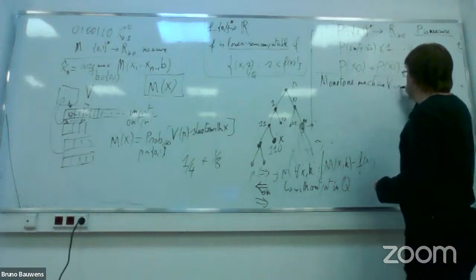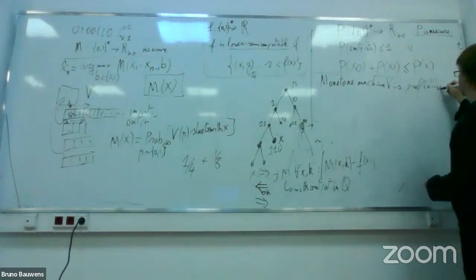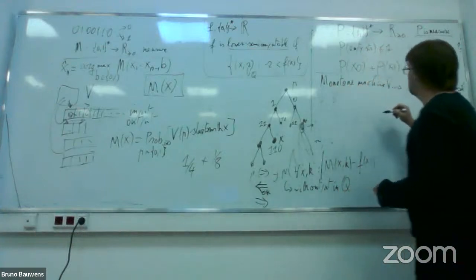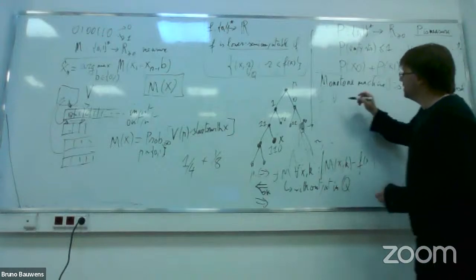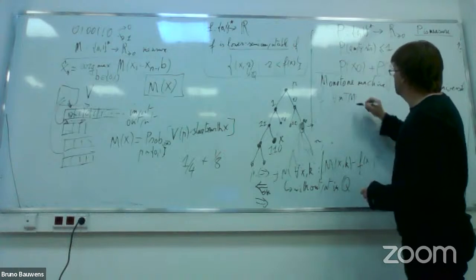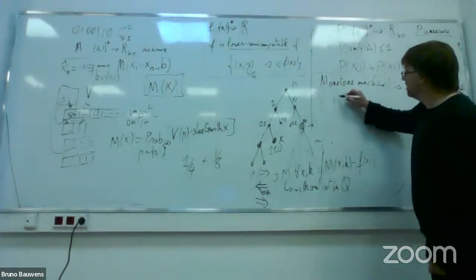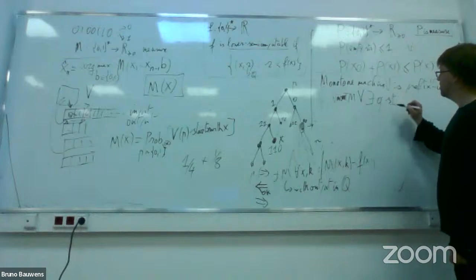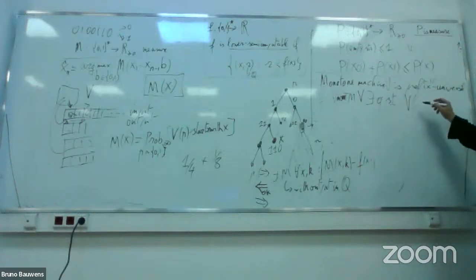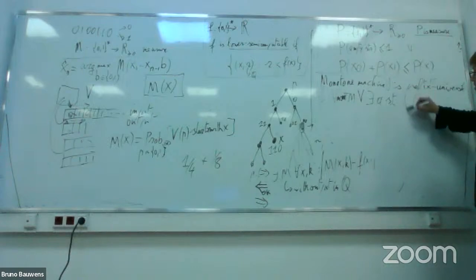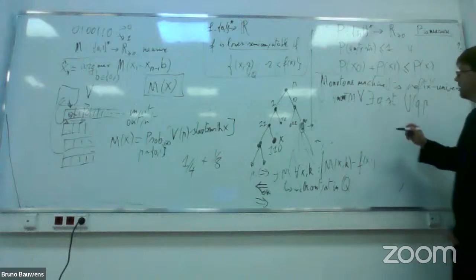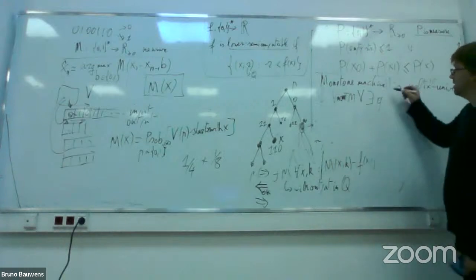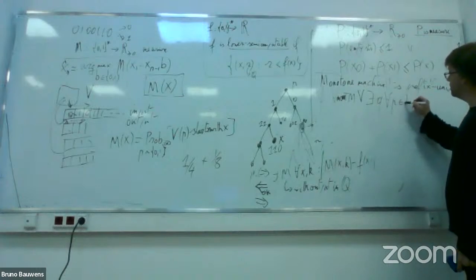A machine is prefix universal, let's call the universal one U, if for every monotone Turing machine V, there exists a Q such that U of Q P equals V of P, for every input, for every infinite input.